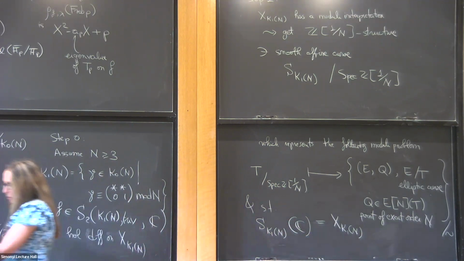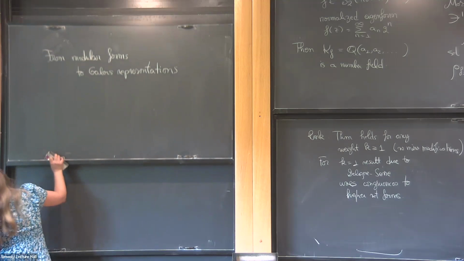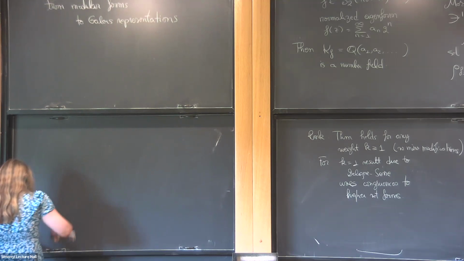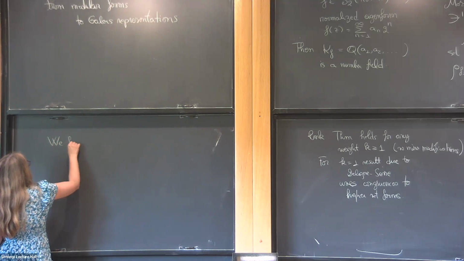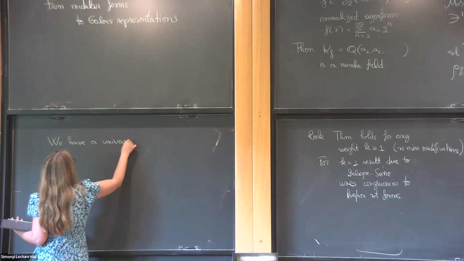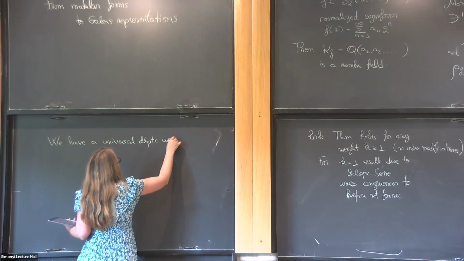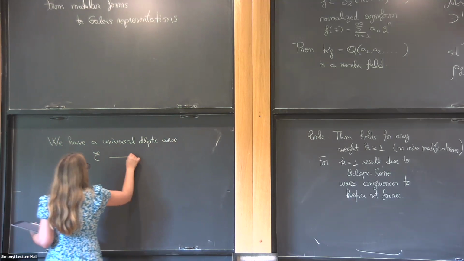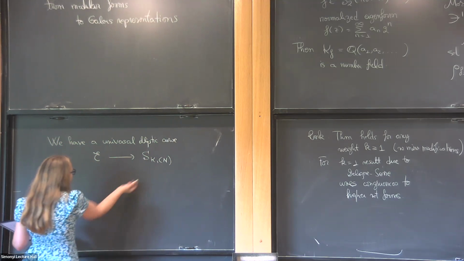Okay, so the fact that we have a family, as I said, means there is a universal object. So we have a universal elliptic curve E living over Y1(N), and there's a universal identity section.